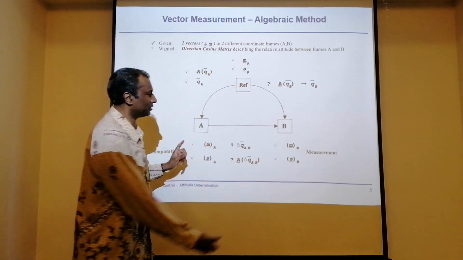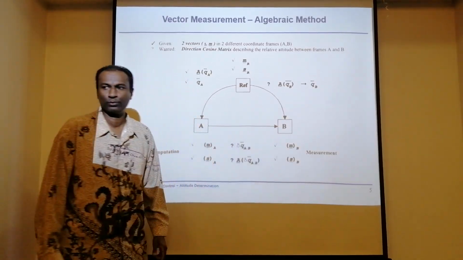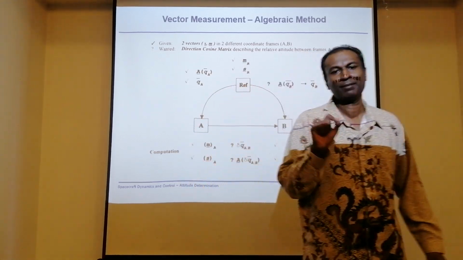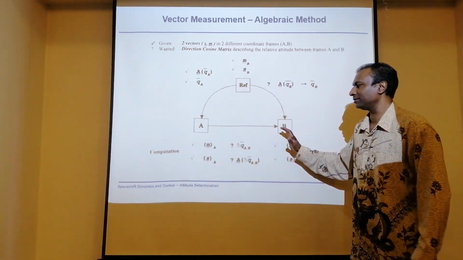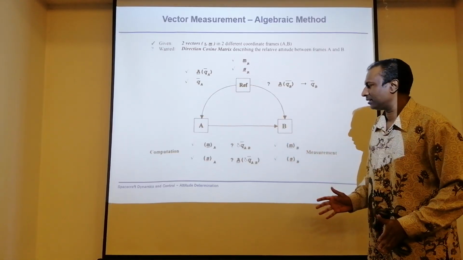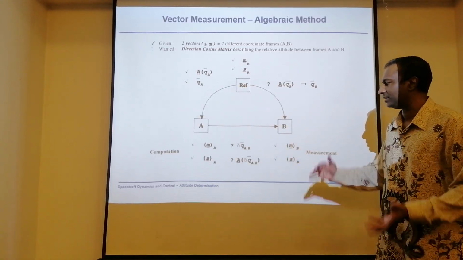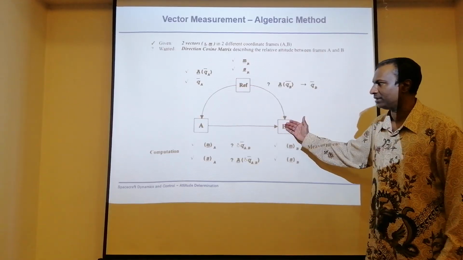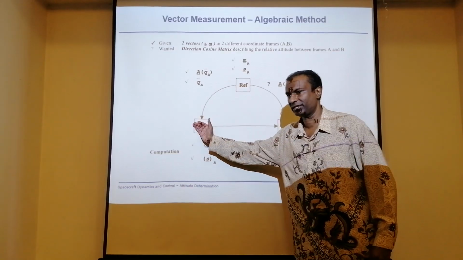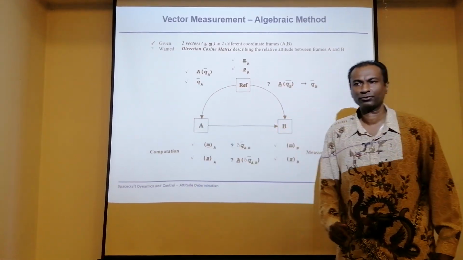The actual deviation between these two frames is what we want to find, and you have done this exercise in kinematics. In those notes also you can see there are three systems. So attitude determination is nothing but finding how the body deviated with respect to local vertical, local horizontal.